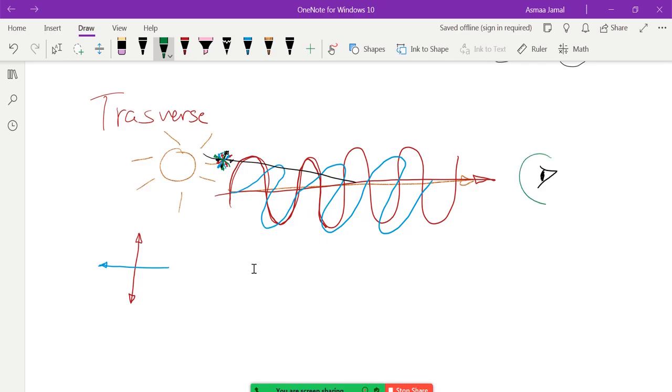So here's your eyes. The shape will not be as simple as this one. It will become something like that. The first electric field with its magnetic, the second, the third one, and the fourth.